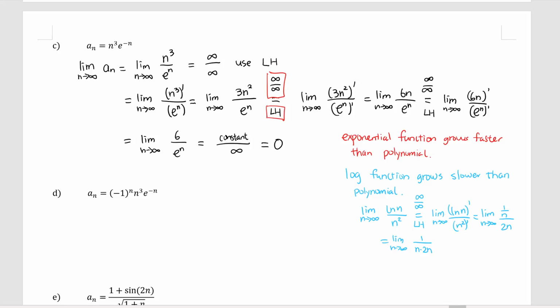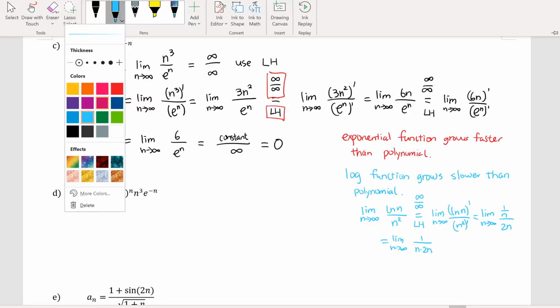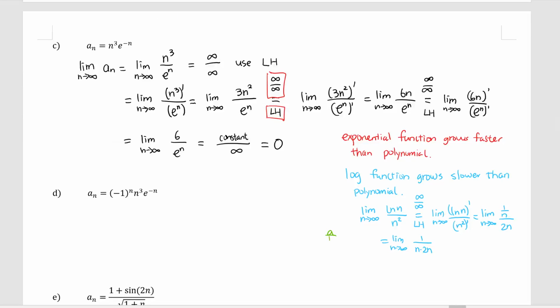Why is that? Because a over b over c over d is a over b times d over c. Here 1 is a, n is b, and 2n is c, so you put 2n in the denominator.